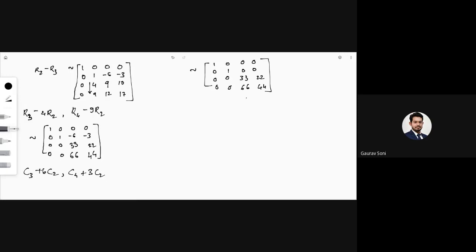Now, I can see that C3 divided by 33 won't give me integers. You can check that. Even C4 divided by 22, it won't give me rationals. So I can do these operations.